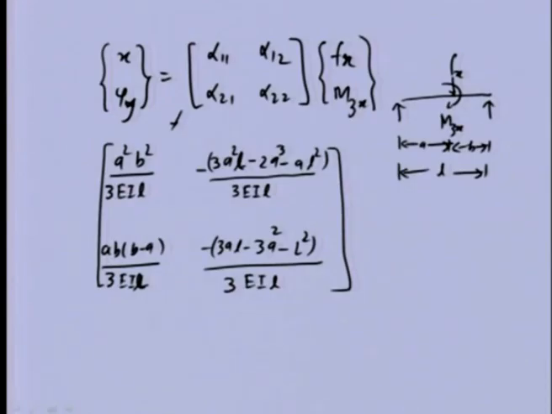Here, E is the Young's modulus and I is the second moment of area, that is pi by 64 d to the power 4 for a circular shaft.